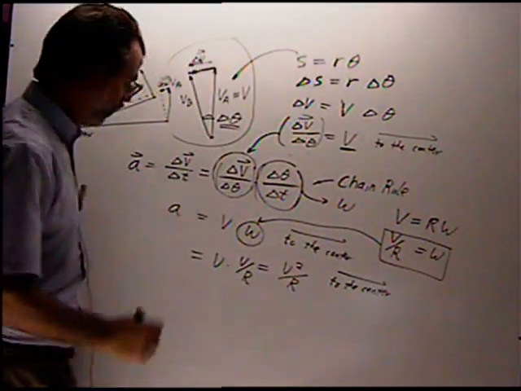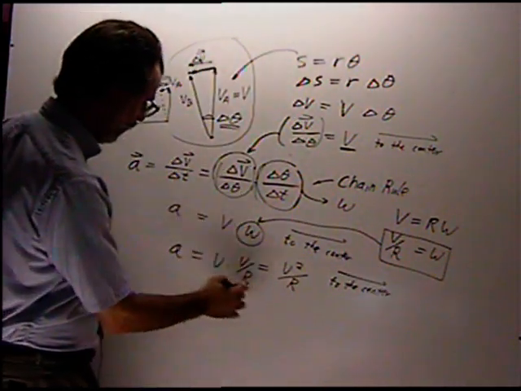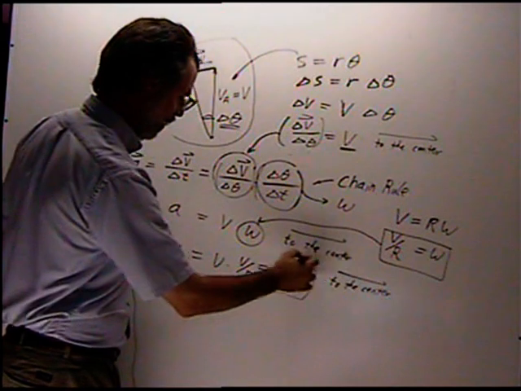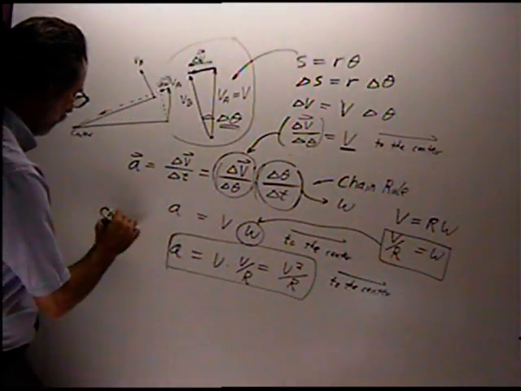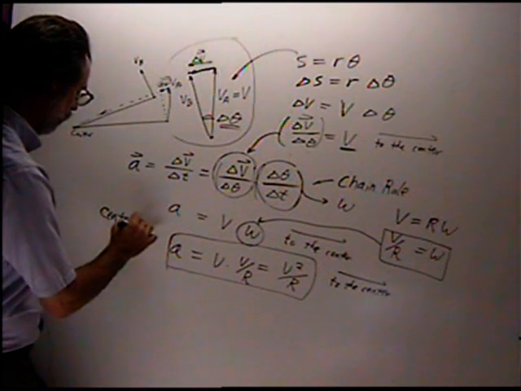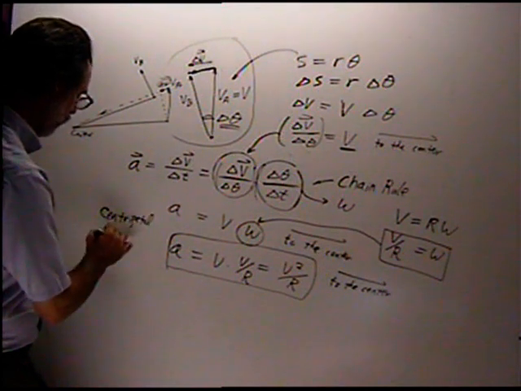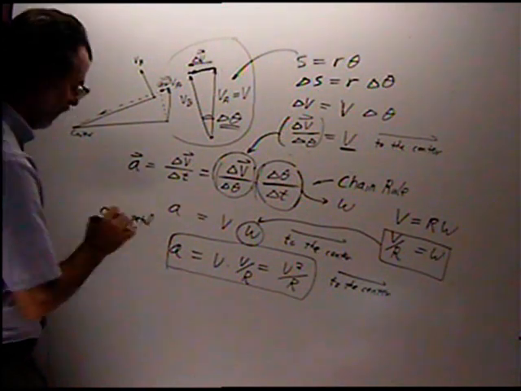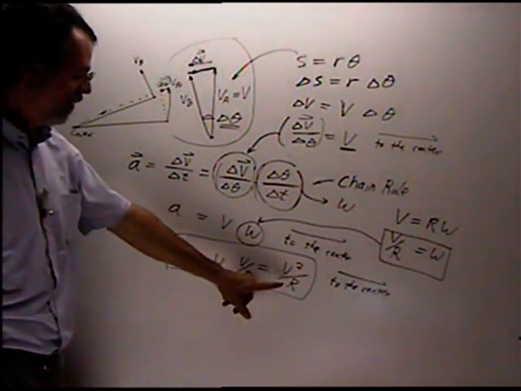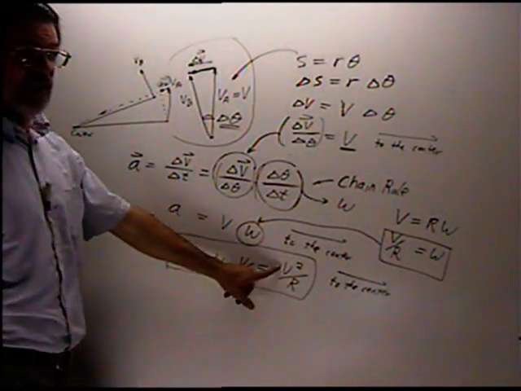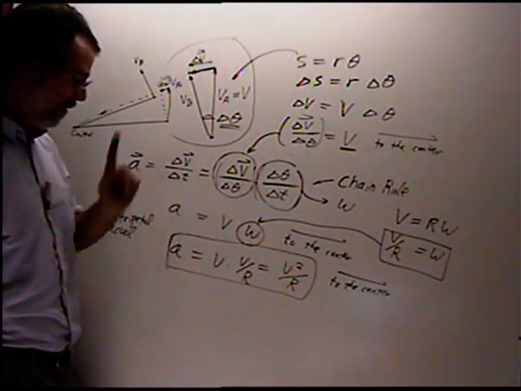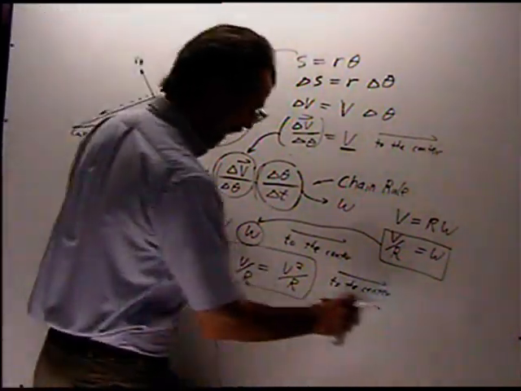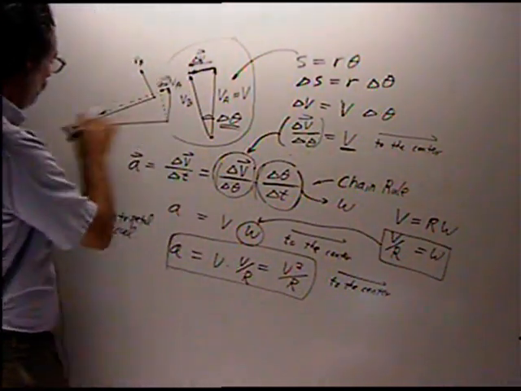So at this point we have now derived this equation, and we call this the centripetal acceleration. It's equal to V squared over r, where V, again, is the tangential velocity. Now notice the units, and where is it directed? It's directed to the center.